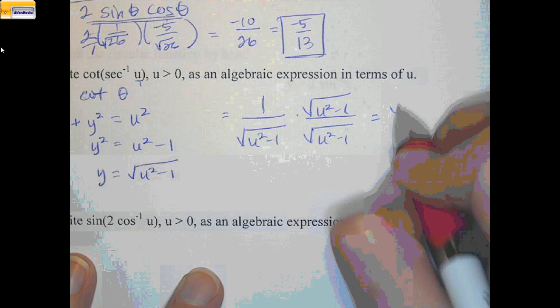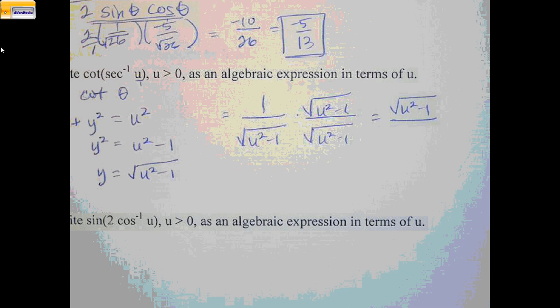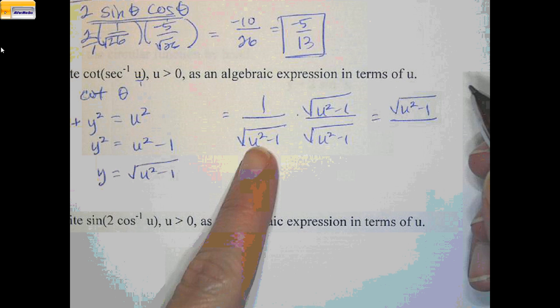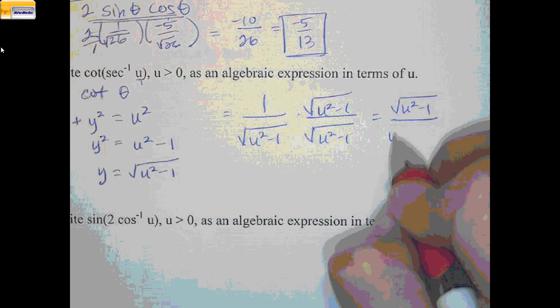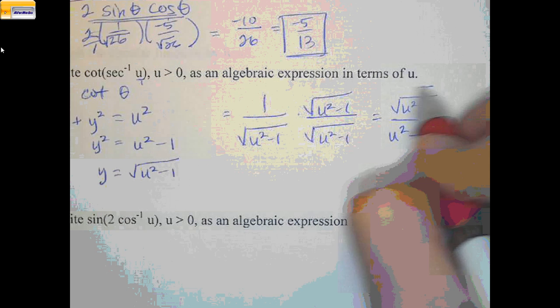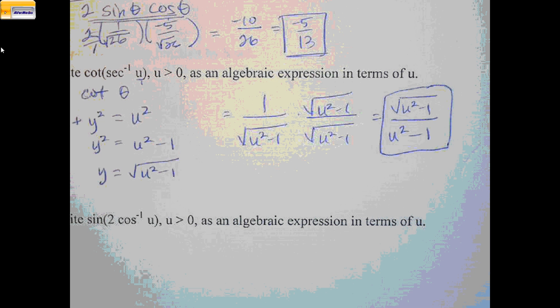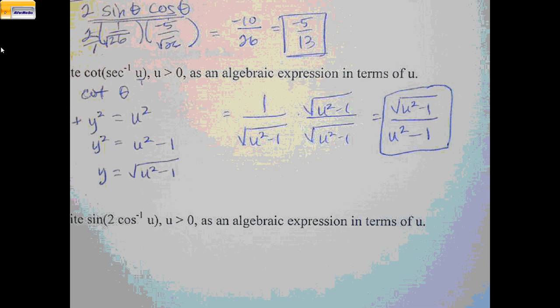And the bottom, the roof just pops off. If you had radical 5 times radical 5, it would be 5. So you have radical a mess times radical of the same mess, it's just the mess. The roof comes off. And that's it. That's as far as it goes. I know it looks bizarre, but it's the exact same process we've been going through.